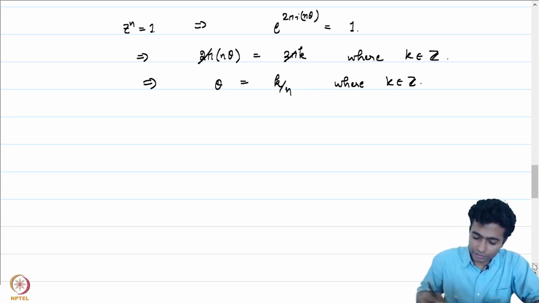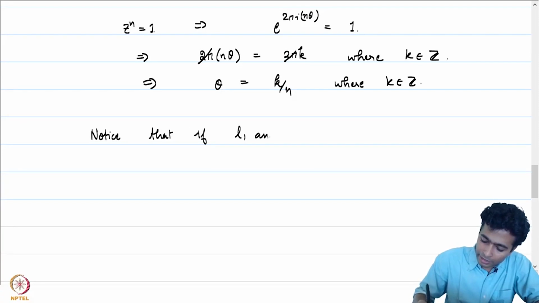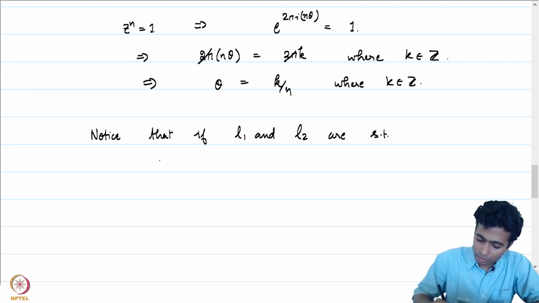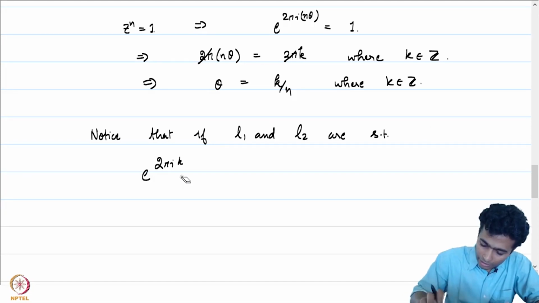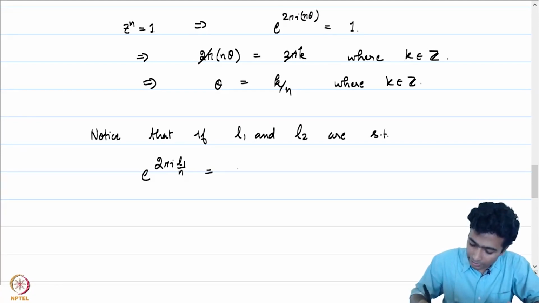The first observation is that, notice that if L1 and L2 are such that e to the power 2 pi i L1 by n, theta is L1 by n in this case, is equal to e to the power 2 pi i L2 by n, what does this imply?